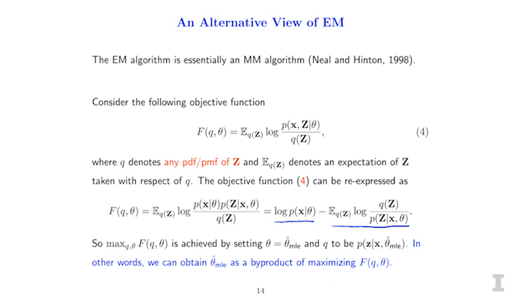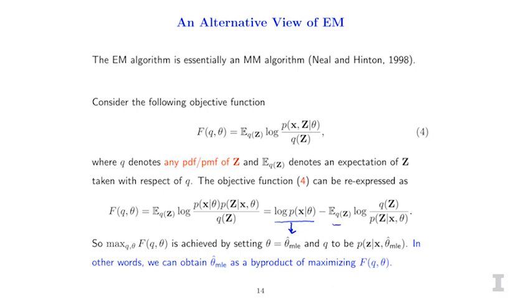Now, to maximize f, let's try to make each term achieve its maximal value. How do we make the first term achieve its maximal value? We're just going to let theta be the MLE, which maximizes p of x given theta.